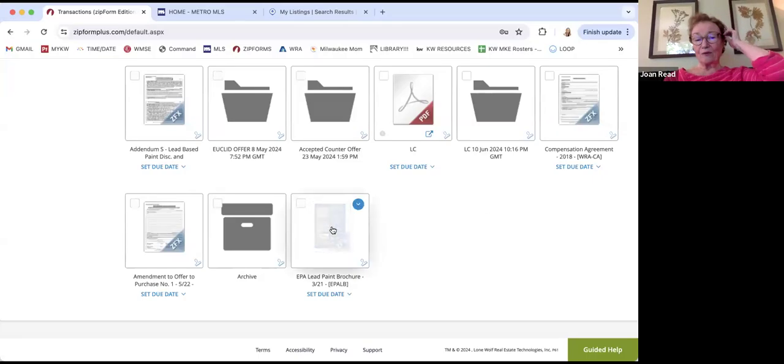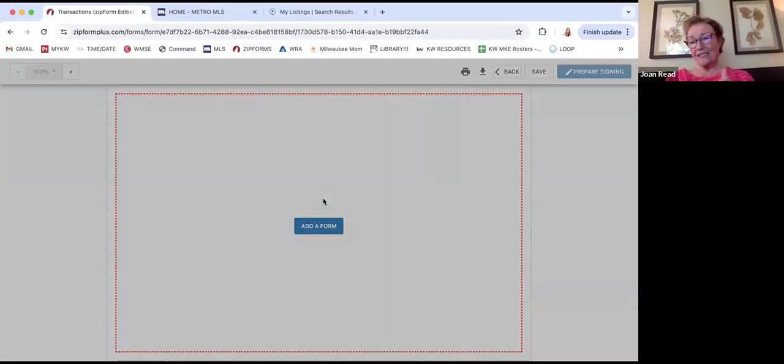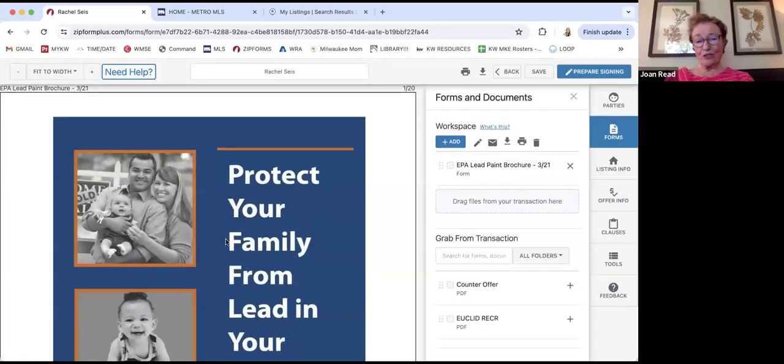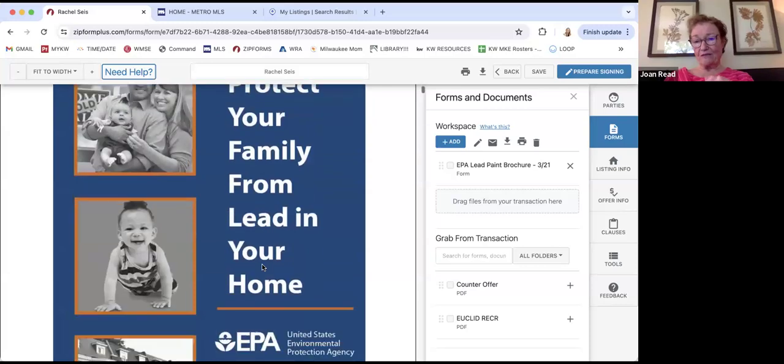Little children are most susceptible to lead, and lead can be found in the paint, in the asbestos, in varnish on stairwells, railings. So it is something that's pretty serious to address, but the brochure is mandatory to be given to the buyer.